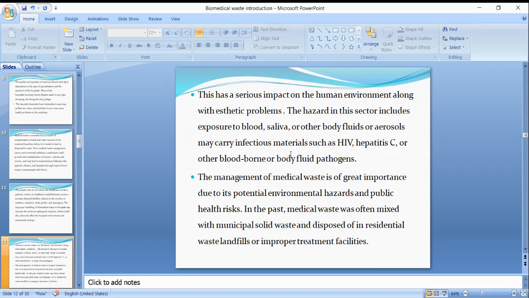The hazard in this sector includes exposure to blood, saliva, or other body fluids or aerosols that may carry infectious materials like HIV, hepatitis, or other bloodborne or body fluid pathogens.